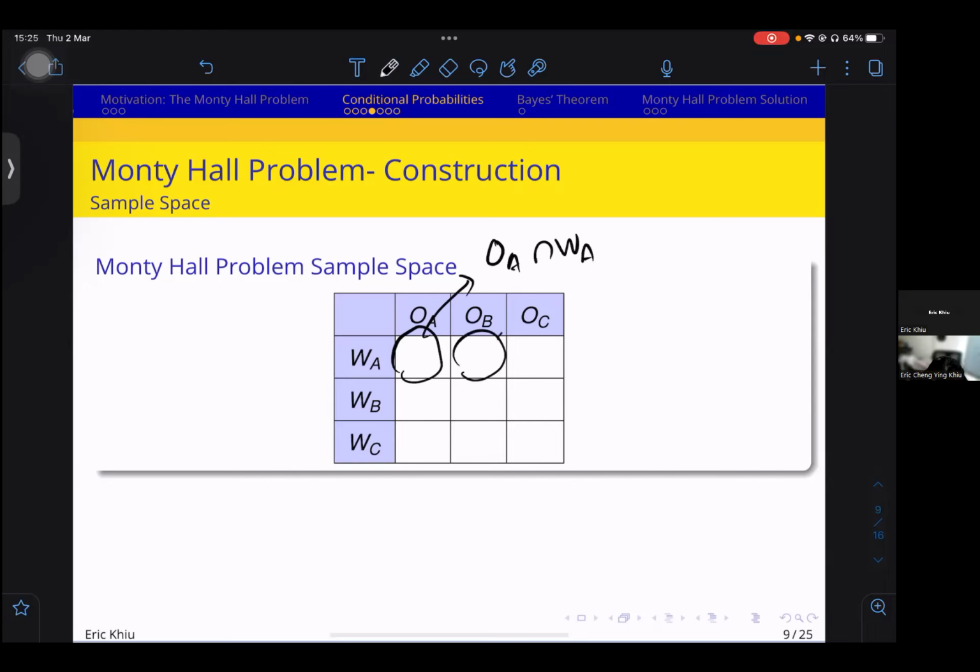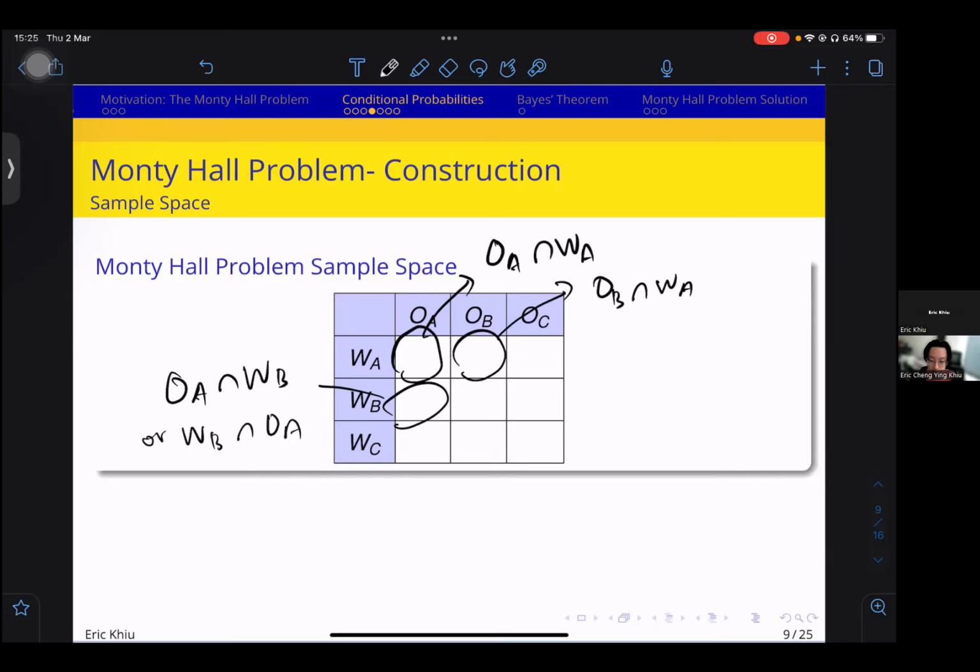And this will be OB intersect WA. And of course, the order doesn't matter. So for this one, you can have OA intersect WB, which is the same as WB intersect OA, because set intersection is commutative, right?